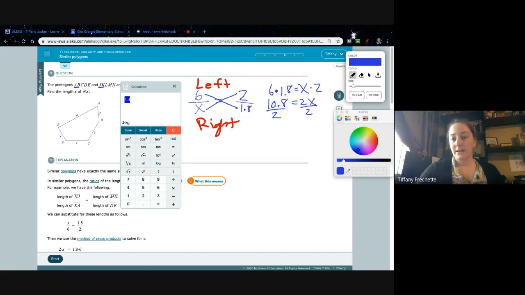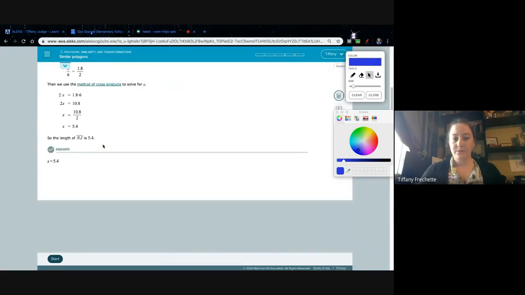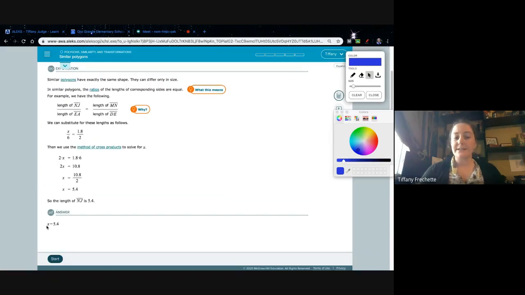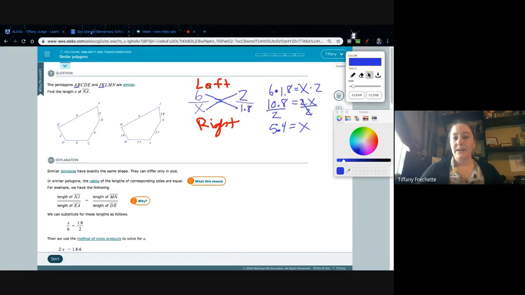So 5.4 equals, this is the point, 2 divided by 2 is 1, they cancel, x. So if we scroll down here, we should see, whoops, scrolled way too far down. So we see that same number, 5.4. So the main thing is we want to set it up something like this on the next page.